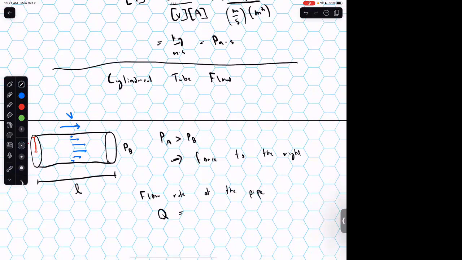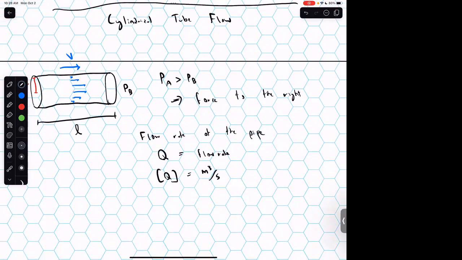So Q equals flow rate. And usually if I'm trying to, I don't know, move petroleum in West Texas or whatever, I'm interested in how much fluid I'm moving per unit time. So the units of Q, the flow rate, are just meters cubed per second. So what volume of fluid am I pumping across that pipe every second that passes? Okay.